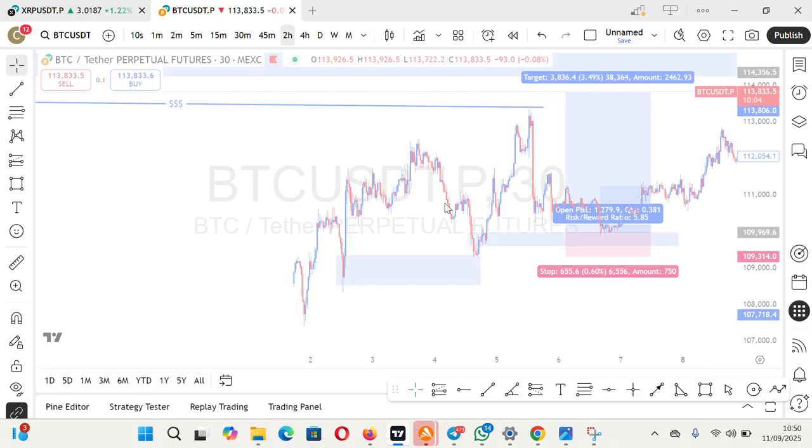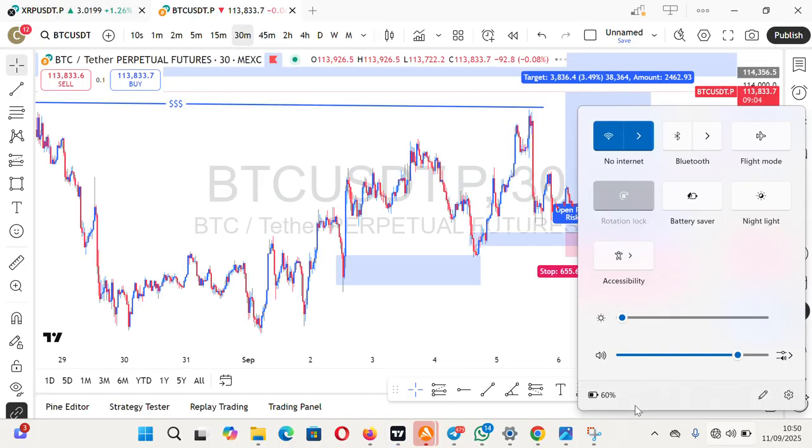It is bad. Okay, I think my network has disconnected itself.